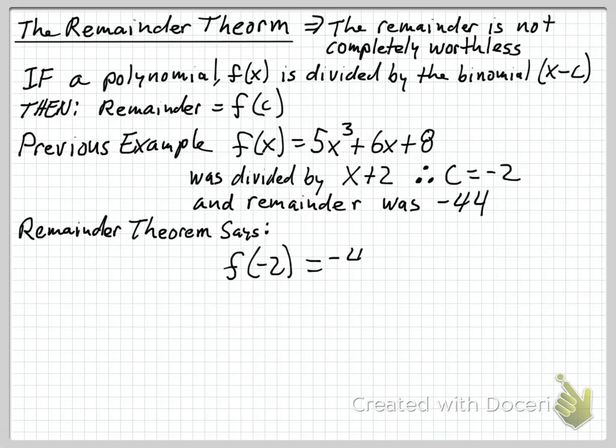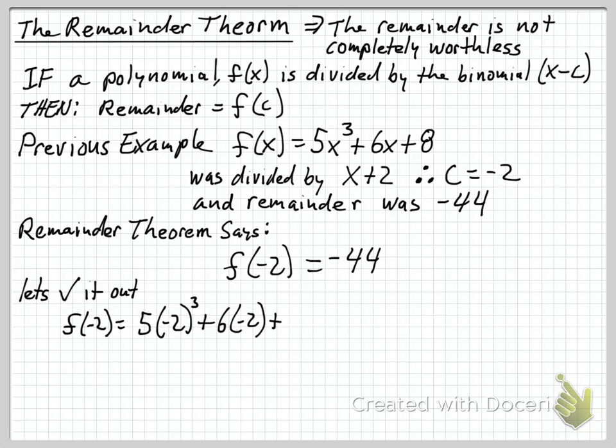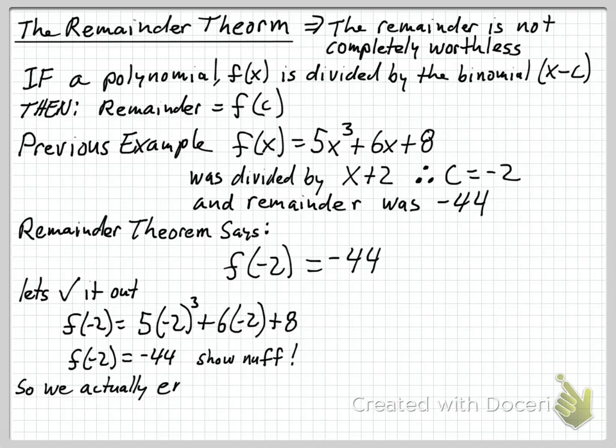And then we put this in, and let's check it out and see if it happens. There is my value, or my constant of my divisor, into the original equation. I do the algebra, and it does check out. It's 44. So what we learn here is we actually have an ordered pair that we can use in a graph.